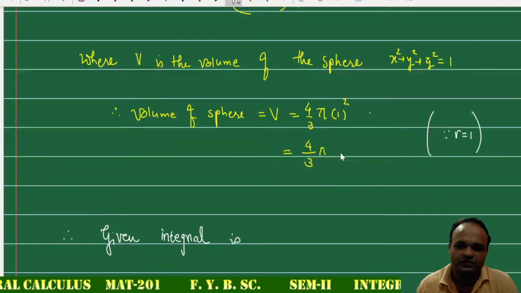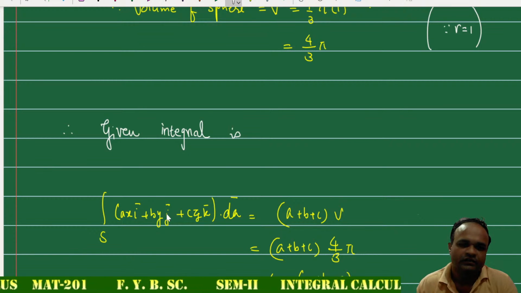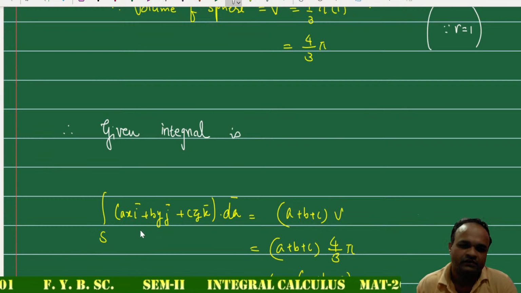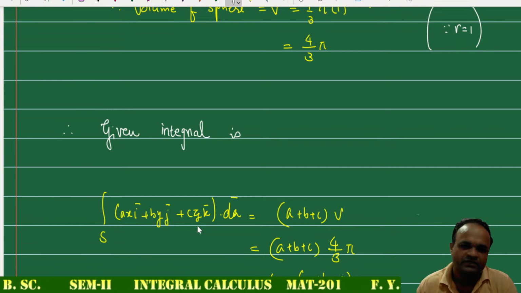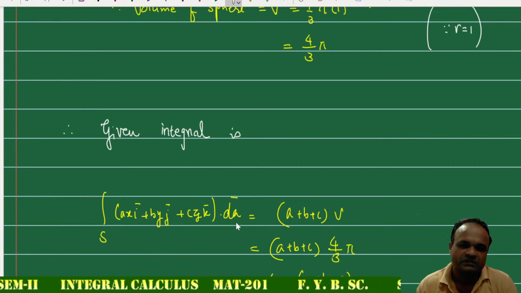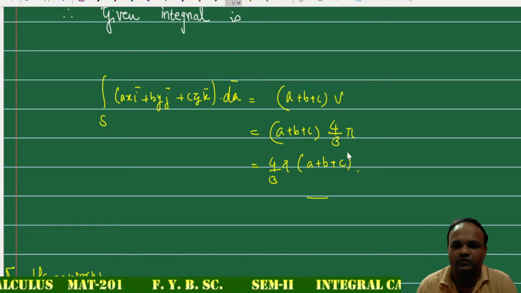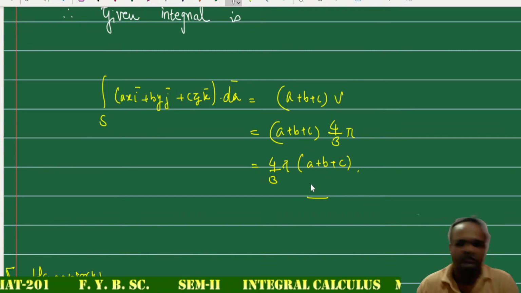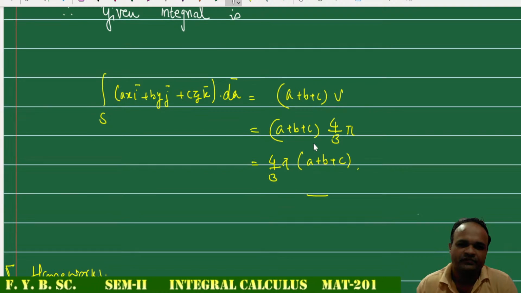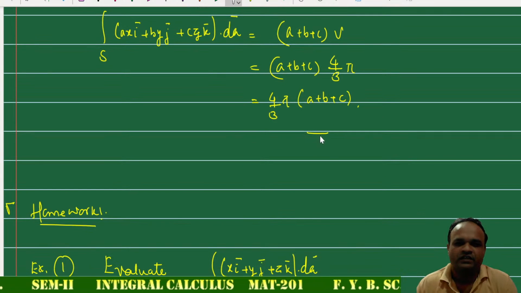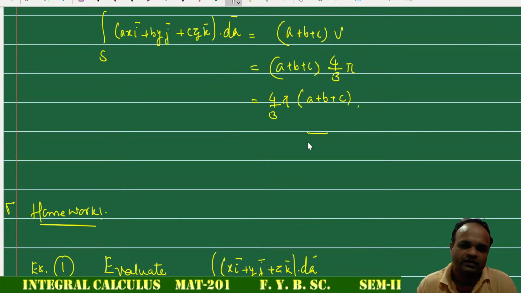Let us put this value. You will get the value of the given integral over surface S as a plus b plus c into V, that is a plus b plus c into 4 by 3 pi, or 4 by 3 pi times a plus b plus c. So this will be the resulting value of this surface integral.